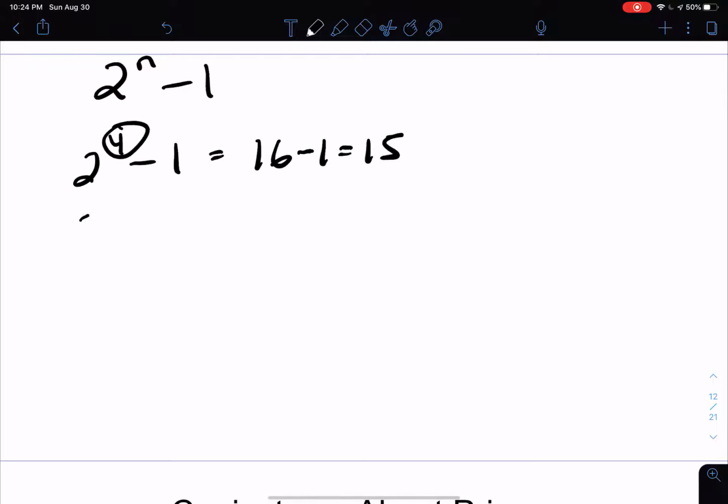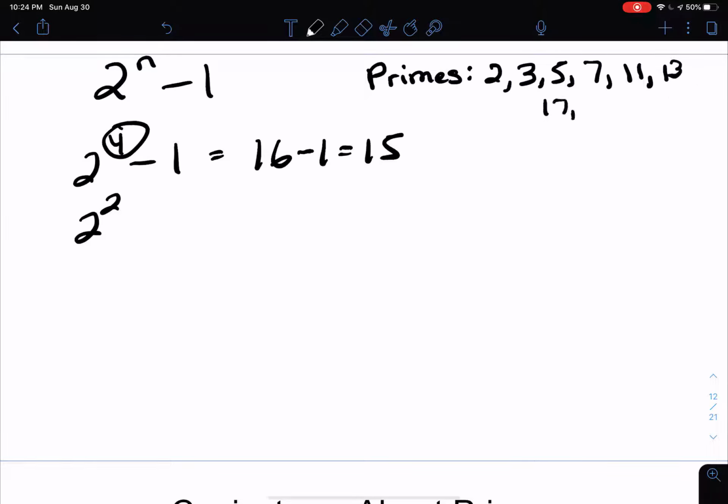But let's see here. We have primes like 2, 3, 5, 7, 11, 13, 17, 19, and so forth. It keeps going. So if we did 2 squared minus 1, that would be 4 minus 1, which is 3. That's prime.